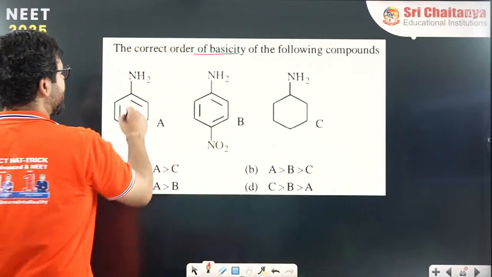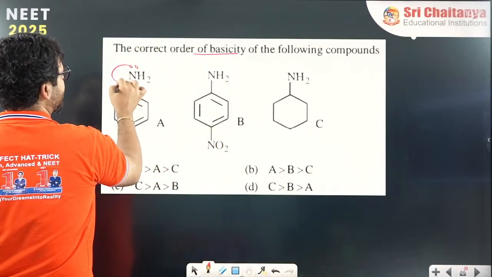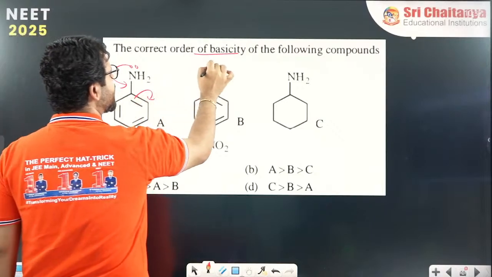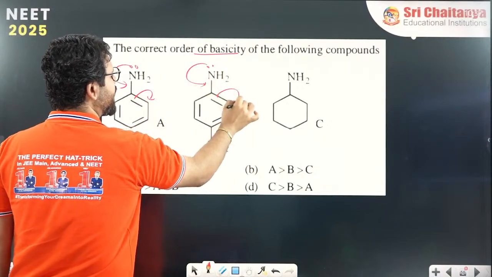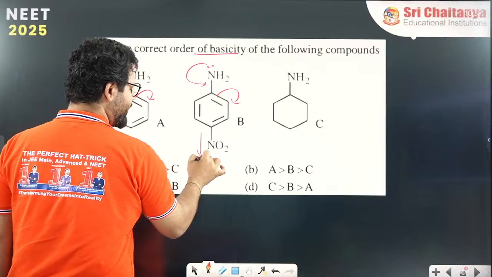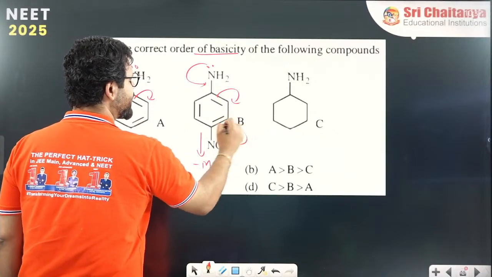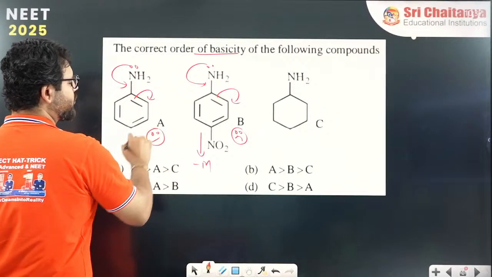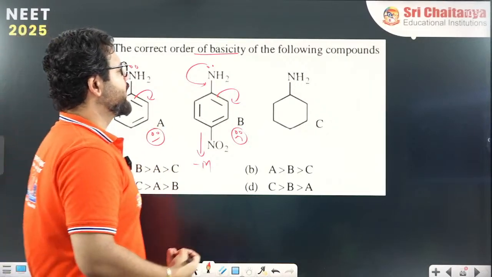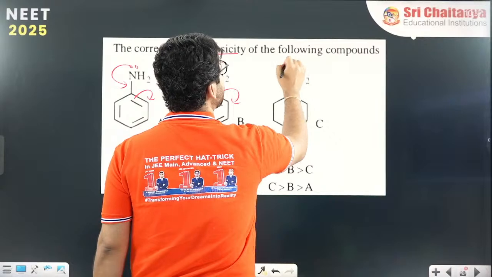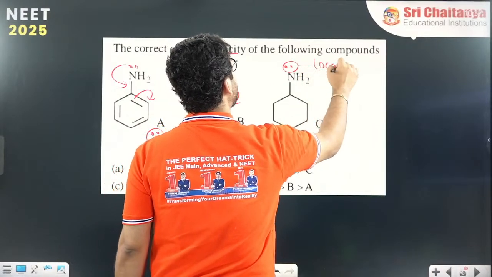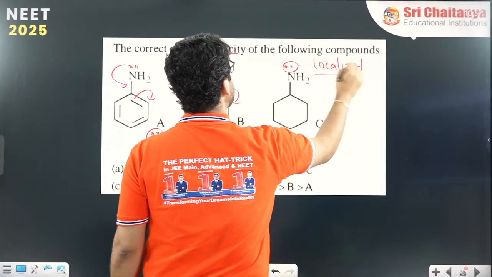In the first one, the nitrogen lone pair is going for resonance. The next one is also going for resonance, and NO2 is pulling it by minus M as well. So very, very bad. It is going for resonance with benzene, and then NO2 also pulls it. Here it is not going for any resonance. It is a localized lone pair. These are delocalized.